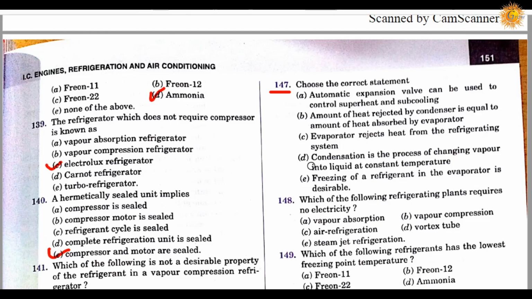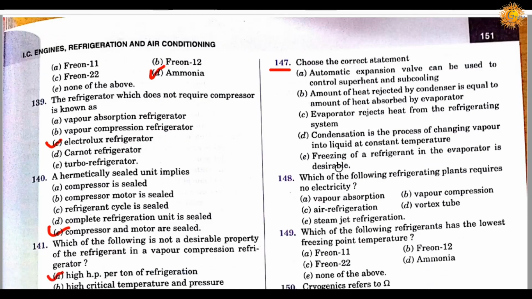Option D, condensation is the process of changing vapor into liquid at constant temperature. Option E, freezing of a refrigerant in the evaporator is desirable. So the correct answer is D, because condensation is the process of changing vapor into liquid at a constant temperature.